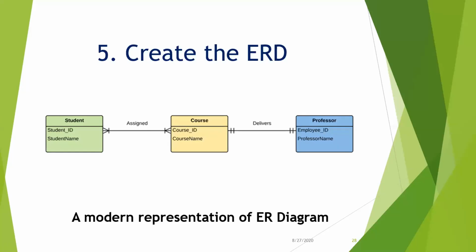So here student ID and student name are the attributes, course ID and course name are the attributes, employee ID and professor name are the attributes. Once a person joins an organization, they will be issued an ID. That ID is called a professor ID or employee ID. And if you underline the student ID, course ID and employee ID, you can observe them as primary keys. This is a modern representation of the ER diagram.